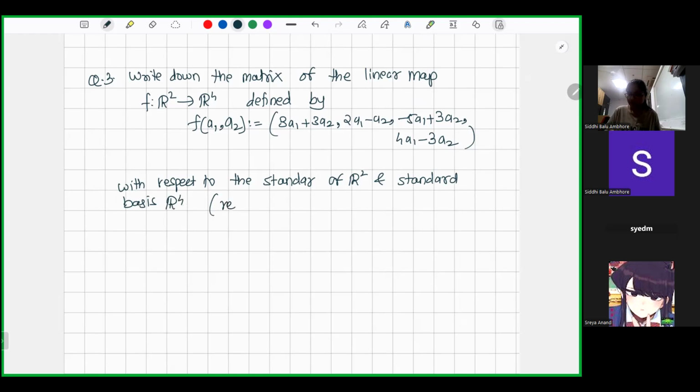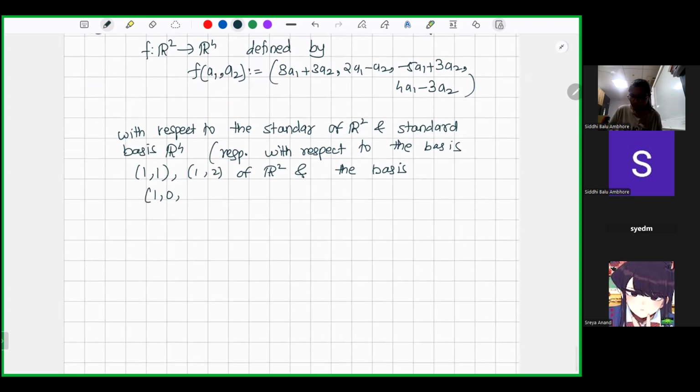And respectively, we will do this with respect to the basis (1,1) and (1,2) of R2 and the basis (1,0,0,1), (0,1,1,0), (0,0,1,1) and (0,0,1,0) of R4. This will be a bit calculation heavy, but we can do this.